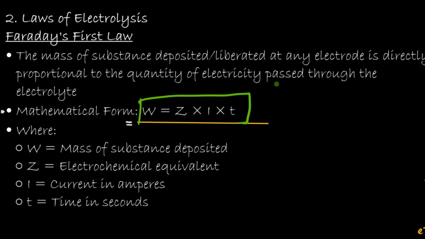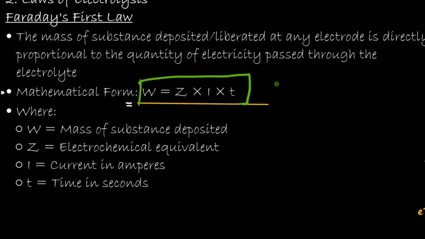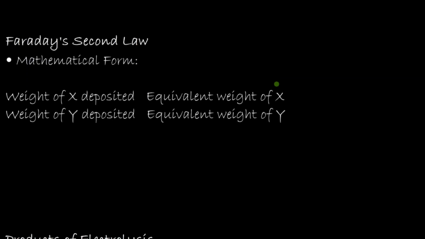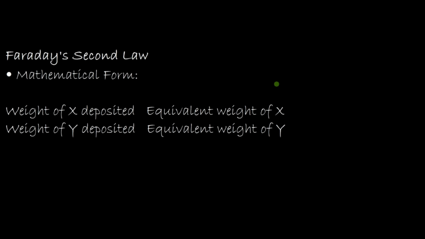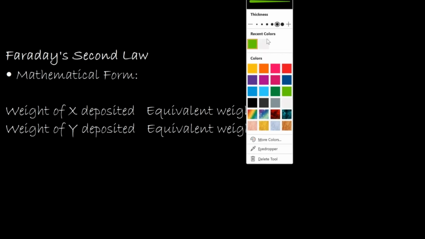So the mass of the substance deposited at an electrode is directly proportional to the quantity of electricity passed through an electrolyte. That's what Faraday's first law says. The equation is important. You just have to use it.